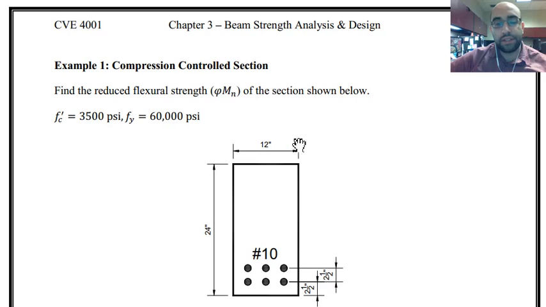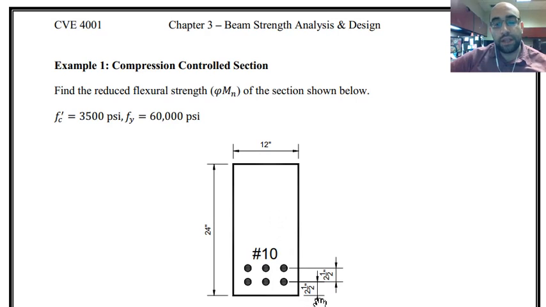So over here you can see properties of the section are given. Dimensions, we have 2 feet. Height of the section, 1 foot or 12 inches. The width of the section, we have a rectangular cross section and we have 2 rows of number 10 bars.